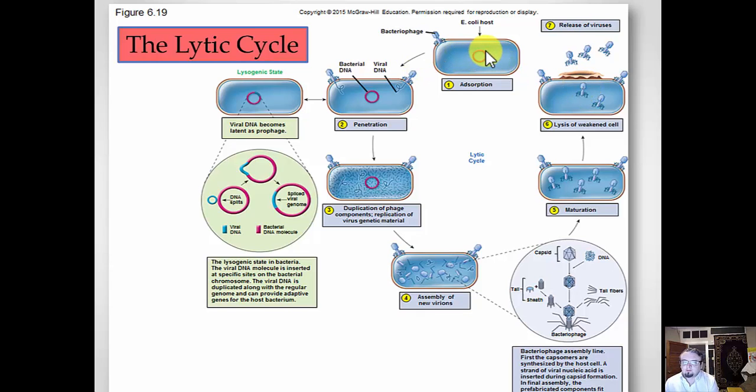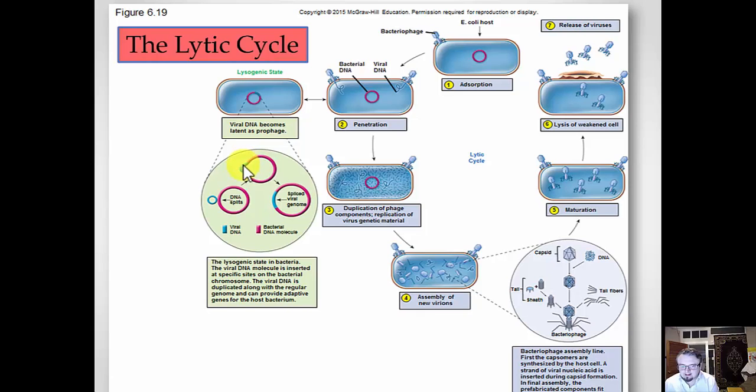The alternative is the temperate bacteriophages. They absorb, penetrate, but then they go into a dormant state. In this case, the viral DNA is inserted into the bacterial chromosome, sometimes into the bacterial plasmid. Here the pink is showing the bacterial chromosome, and the blue is showing the viral DNA.